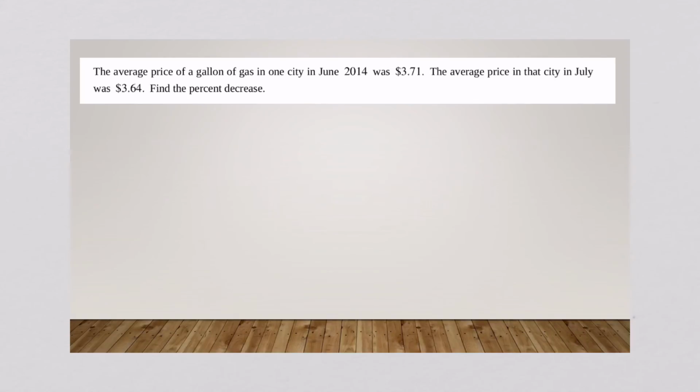Okay, again, so on this problem we're looking for a percent, but this time it'll be a decrease. And you'll be able to tell that it's a decrease because we're going to have a negative number here. So if we do the same formula that we did on the last one, new minus old divided by old. So it says here we've got June 2014 and then we've got July.